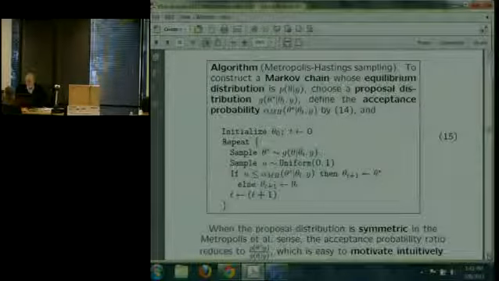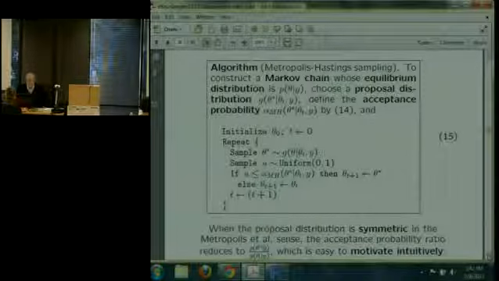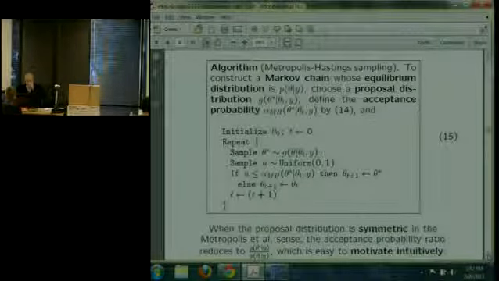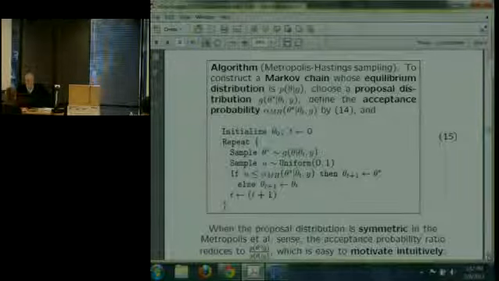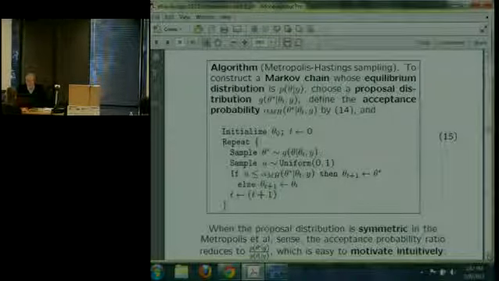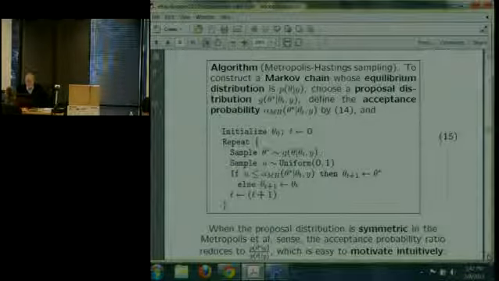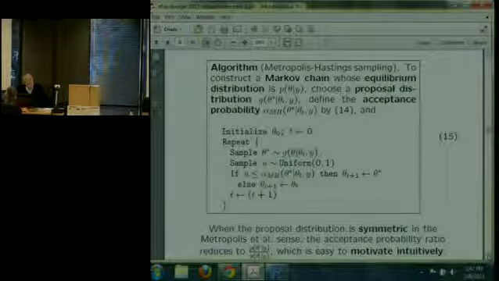So first we sample theta star from the proposal distribution, given where we are now, theta t. Then we sample a uniform draw, and if the uniform draw is less than or equal to the Metropolis-Hastings acceptance probability, then we have a then versus else. If that's true, then we move to the new place, theta star, otherwise we stay where we are and increment the counter.